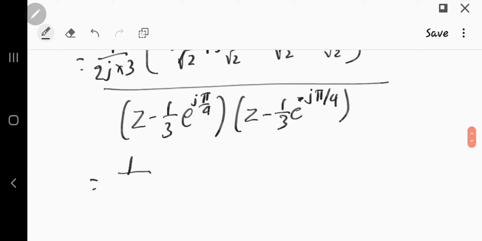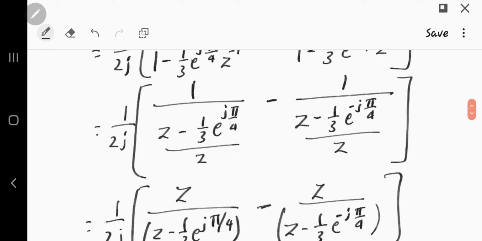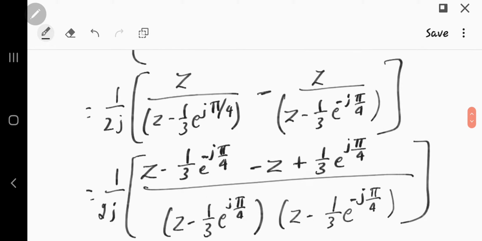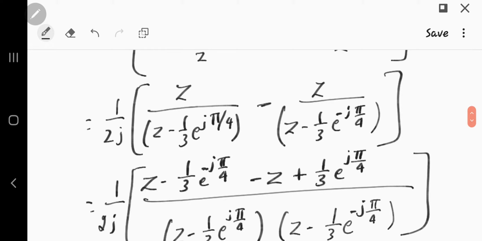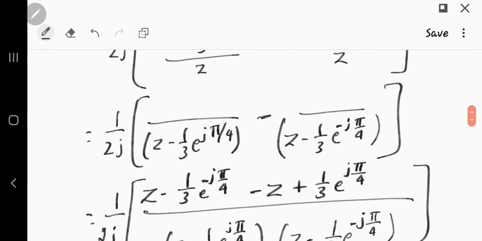So we'll end up with 1 by 2j into 3, and here you will get 2j 1 by root 2, 2j will get cancelled. I will keep this here itself.